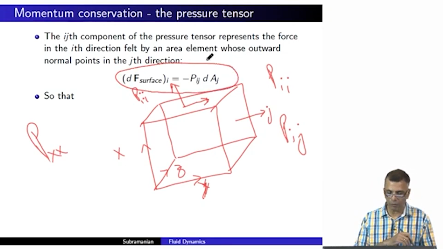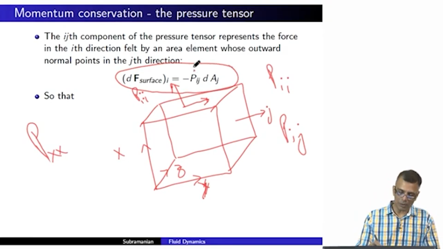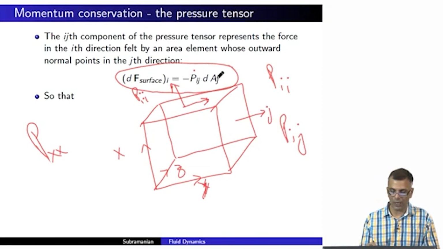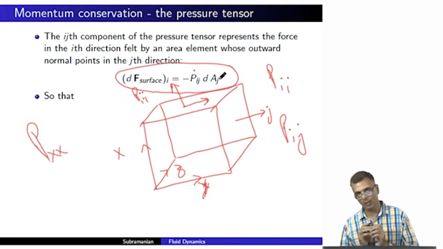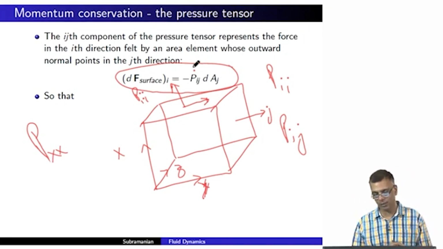This is simply accounting for the fact that there is something called a pressure, which ultimately is a dF over dA, except the direction of the F and the direction of the A need not be the same. One can be along i and one can be along j, and i need not be the same as j, in which case you need to have something in between. This is just a matrix multiplication.